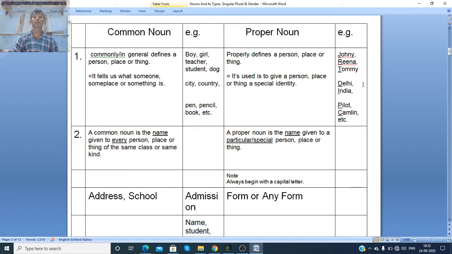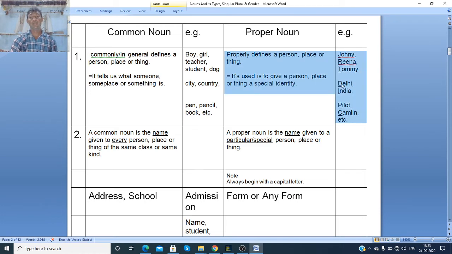So we give them different names, but it's not possible that every individual in the world has an individual name. There could be more than one person of the same name. But the purpose of proper nouns is to give a particular name to a person, place, or thing.